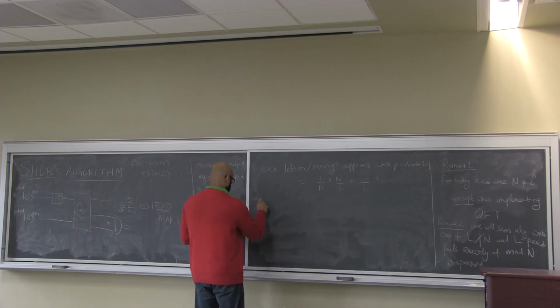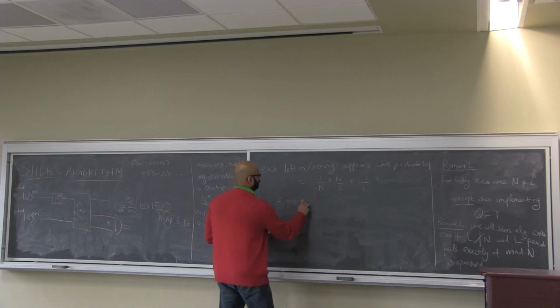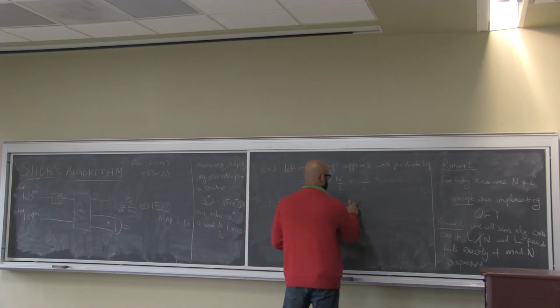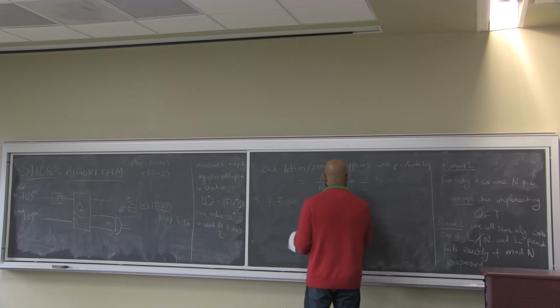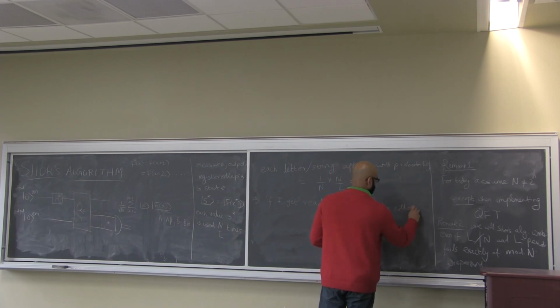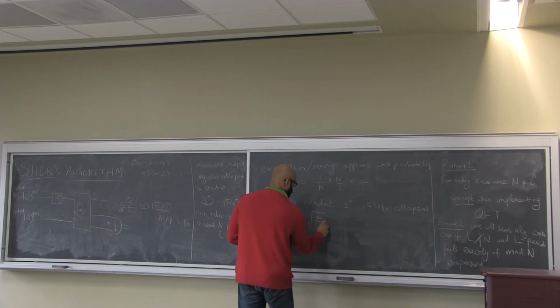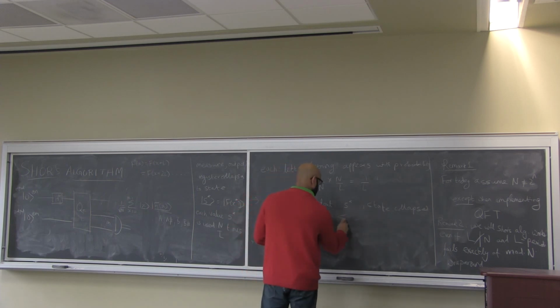Therefore, if I get a readout S star, which belongs to the output, the state collapses. And the collapse is the superposition square root L over n summation of all those x such that f of x equals S star, right?